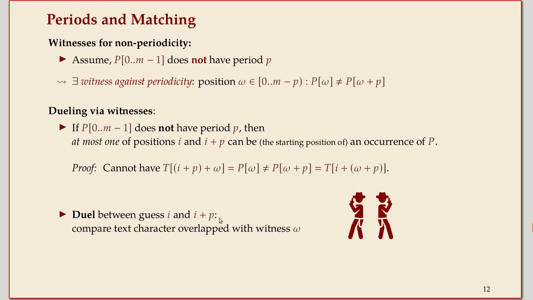And if we compare the witness positions with the text, that eliminates one of those two guesses. So it's a duel, and one dies for sure. The other one might survive or not. For now, we call it the winner of the duel. It's not clear if that's a match, but it's the only one that might be a match. All right?